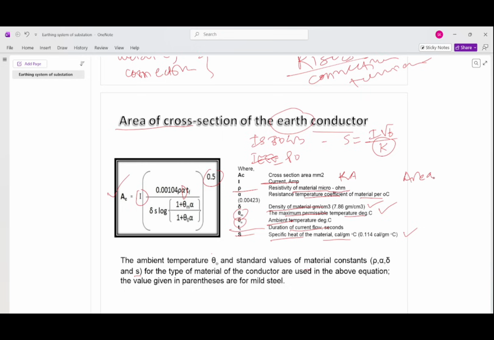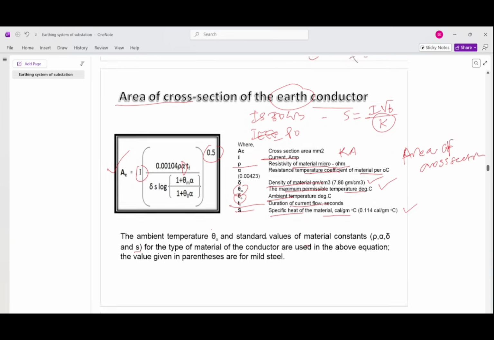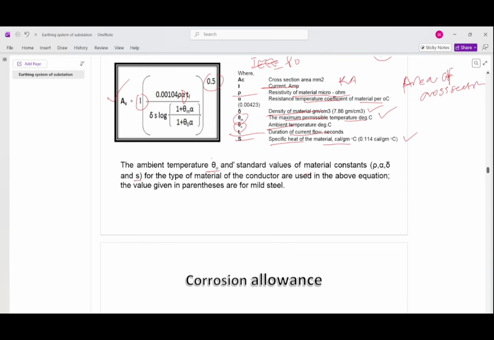So the area of cross section is calculated here. The ambient temperature theta 0 and the standard values of the material constants rho, alpha, delta and S are taken for the type of material. So MS is there, GS is there, copper is there. These are the different materials used, and for these different materials, different properties are there.